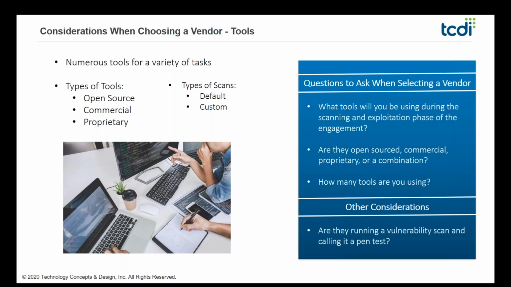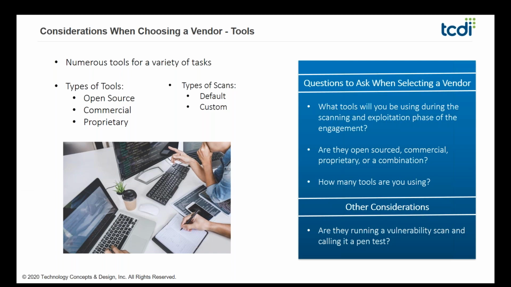There's obviously a very large amount of tools for a variety of tasks in the pen testing world. Everything from open source tools to commercial and proprietary tools, tools that can be developed in-house for very specific types of testing.